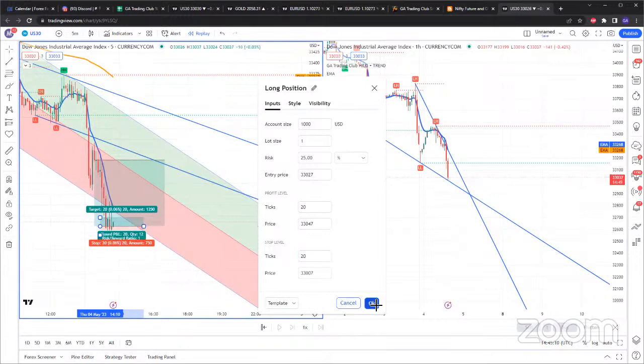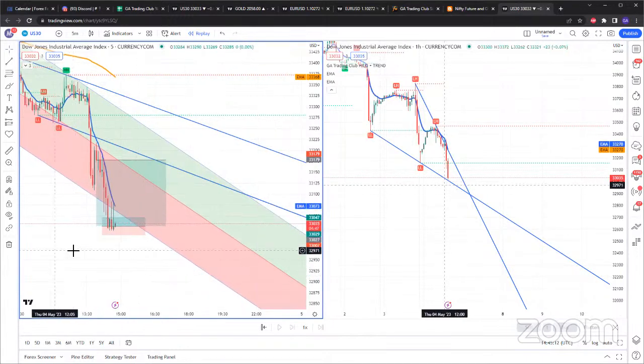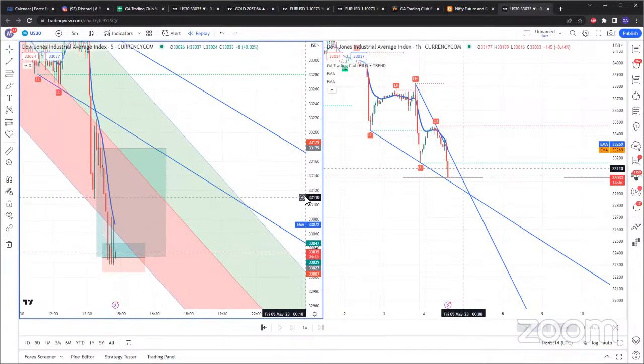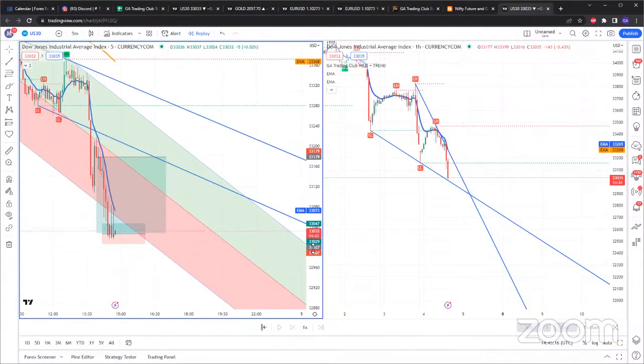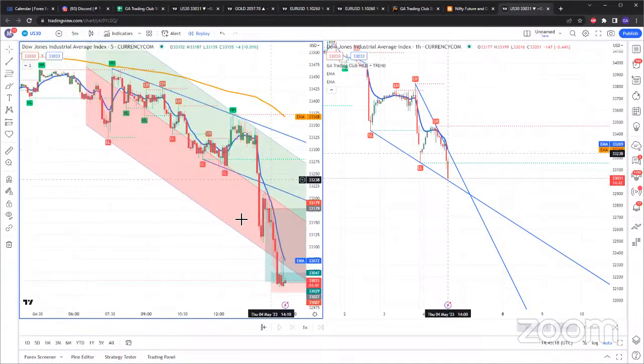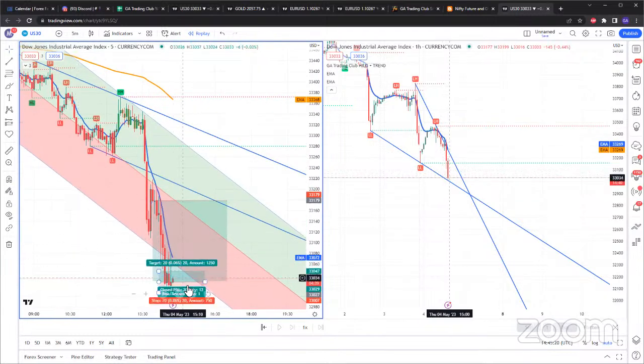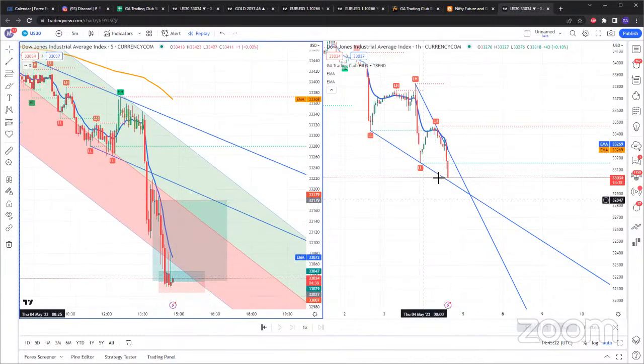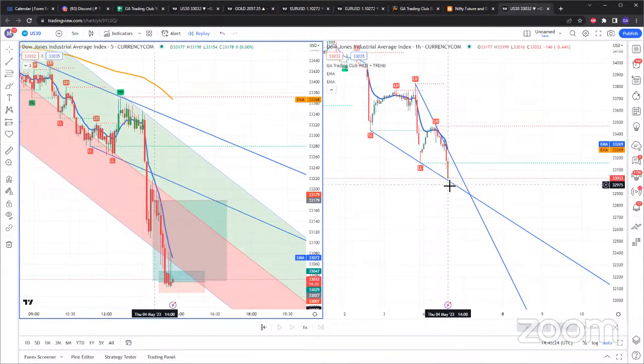Keep in mind, and I've said this time and time again, today the US 30 candles are moving heavily, or maybe it's my chart. For these trades, you have a high probability of hitting the first trade after the first retest.